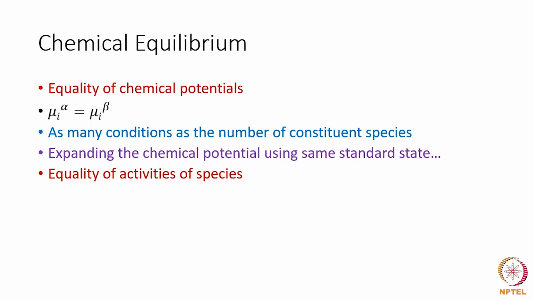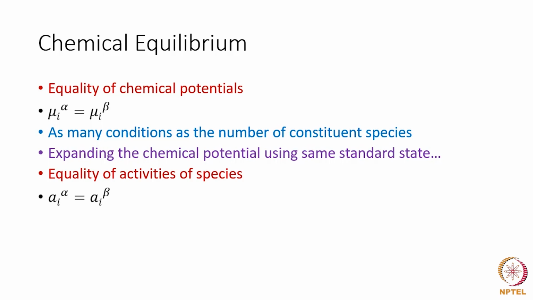So we have first said equality of chemical potentials, but then by expanding the chemical potential in terms of the activities of those species using the same standard state, we will see that it is equal to saying that the activities of the species across the two phases should be the same to achieve chemical equilibrium.